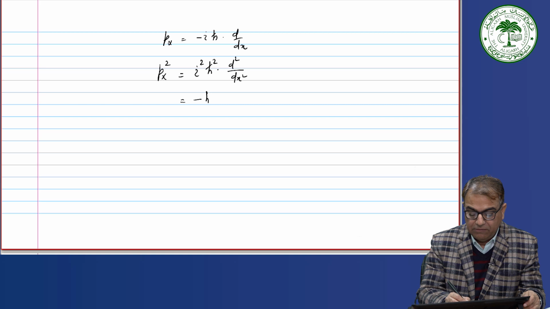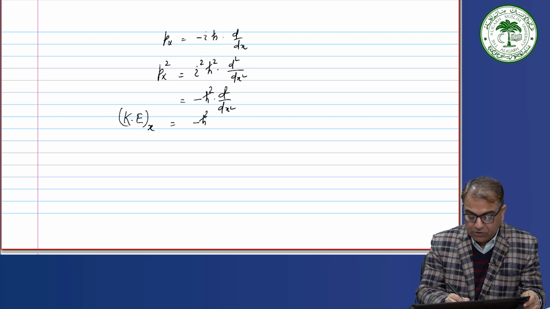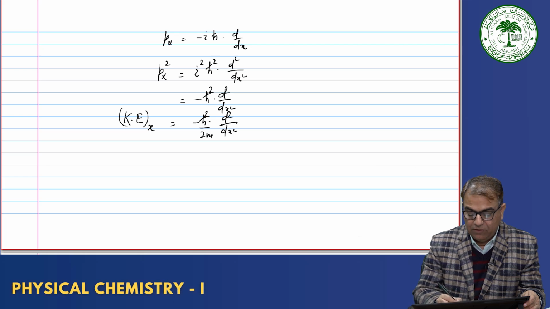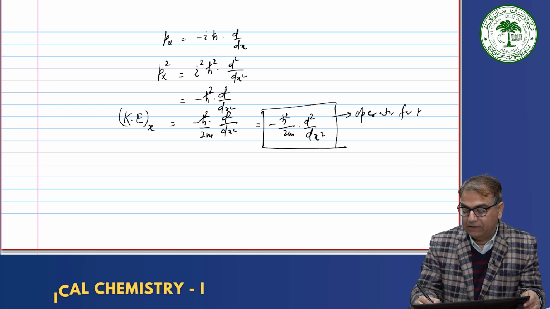Minus 1. So, it will be minus h cross square d square by dx square. So, I will write the kinetic energy x component will be minus h cross square d square by dx square divided by 2m, or you write minus h cross square divided by 2m d square by dx square. So, this is an operator for kinetic energy, or better to write the x component of kinetic energy.